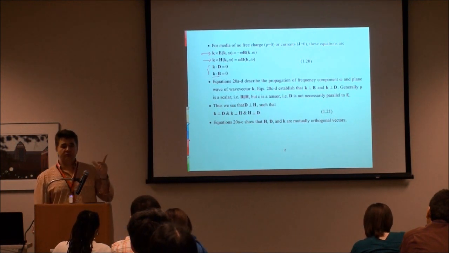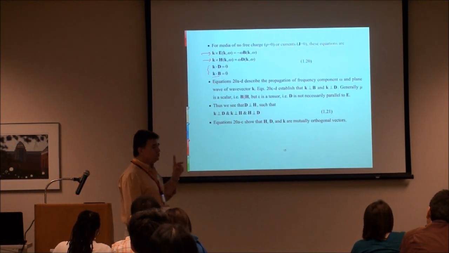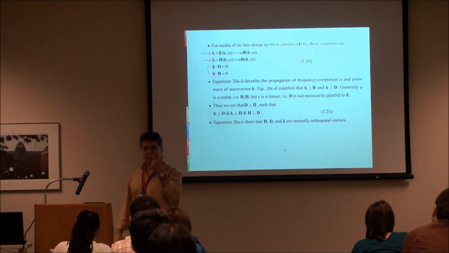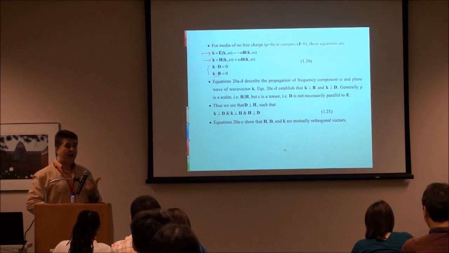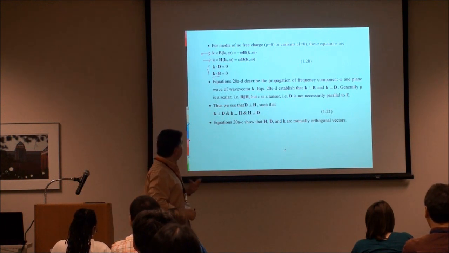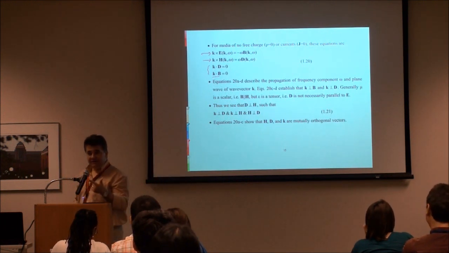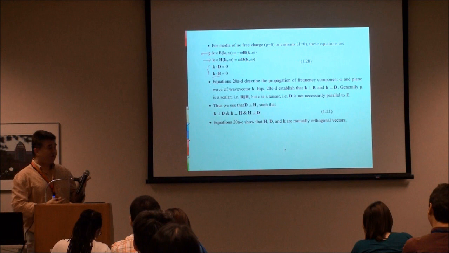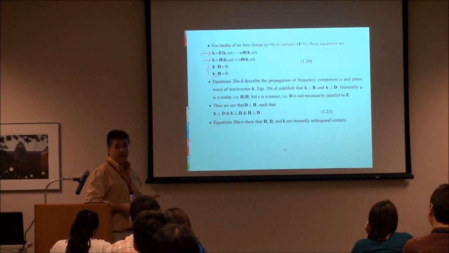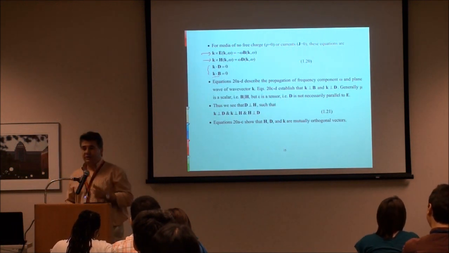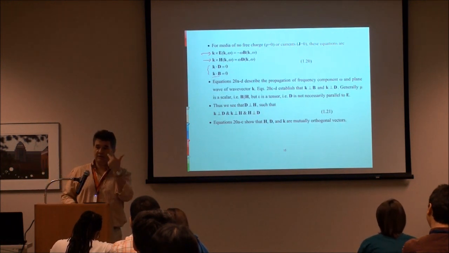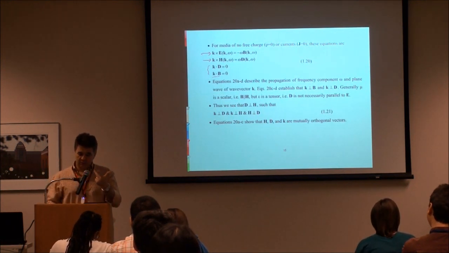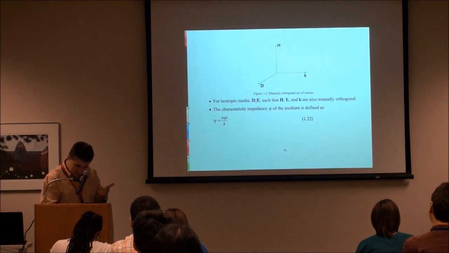So I'm sure all of you knew this. Usually what we say is that k, e, and h are all mutually perpendicular. Actually, in reality, k, d, and h, and if you have magnetic materials, k, d, and b are actually mutually perpendicular. But in crystals that we use every day, actually, k, d, and h are mutually perpendicular.